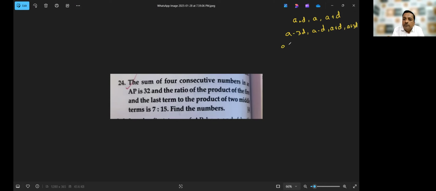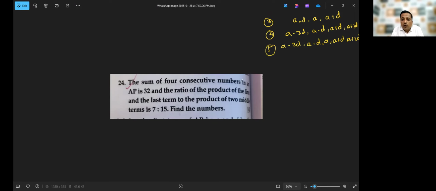And if 5 terms, a minus 2d, a minus d, a, a plus d and a plus 2d. This is the rule. If 3 terms are there, if 4 terms are there, if 5 terms are there, you have to take these numbers only. अगर आपके पास ये नहीं है तो take the screenshot.